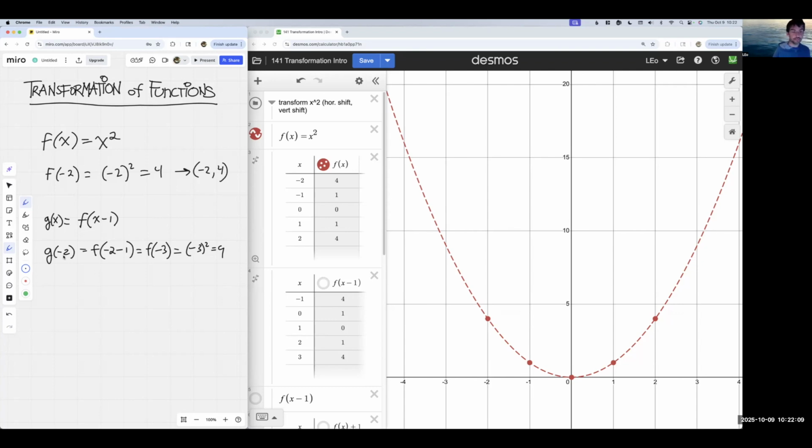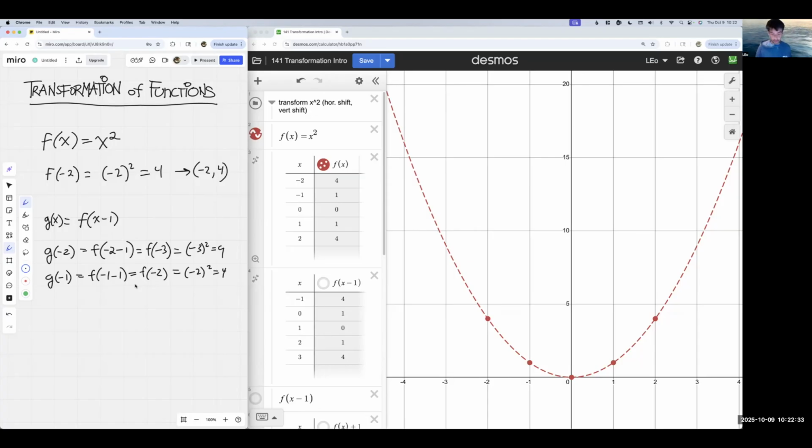The new function, we input -2, out comes 9. Let's do one more here. If we input -1, we get f of -1 minus 1, which is f of -2, which is -2 squared, which is 4. So g of -1 is the same as f of -2 because we're adding that extra instruction to subtract 1.